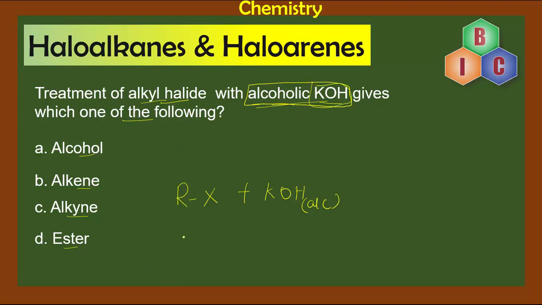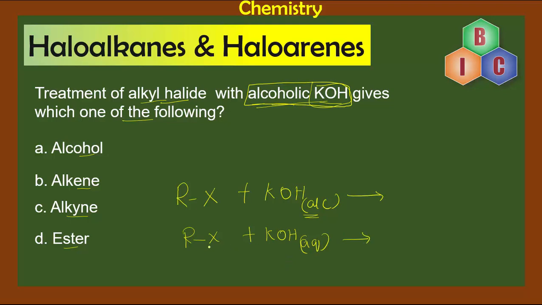One reaction of KOH is the nucleophilic substitution reaction, where we are not going to treat it with alcoholic potash. Instead, we are going to treat it with aqueous potash. Now let's see what will be the product formed in either of the cases.